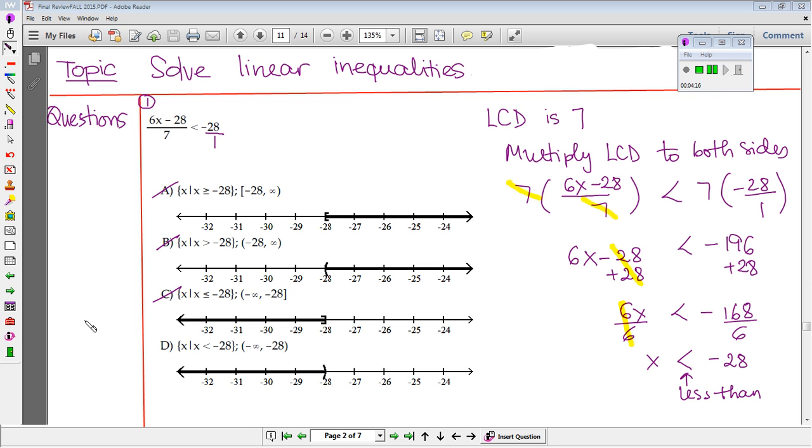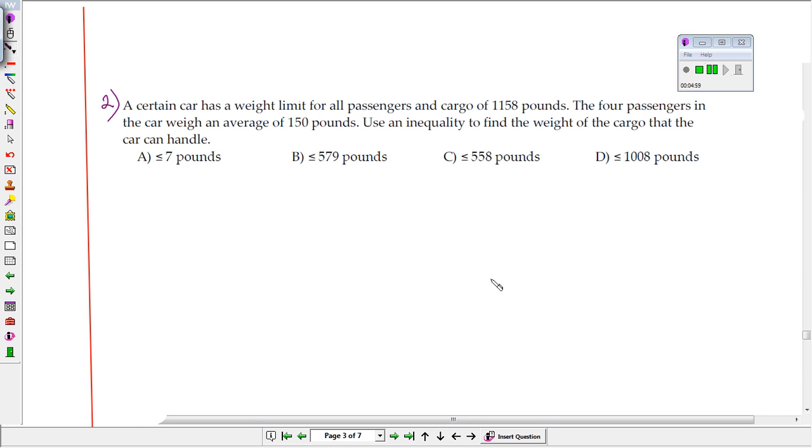Now let's move on to the next application of linear inequality. Let's read the problem and highlight important facts. A certain car had a weight limit for all passengers and cargo.